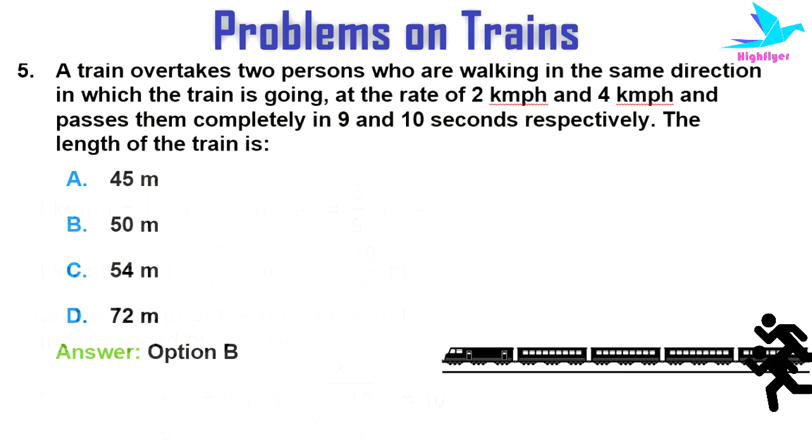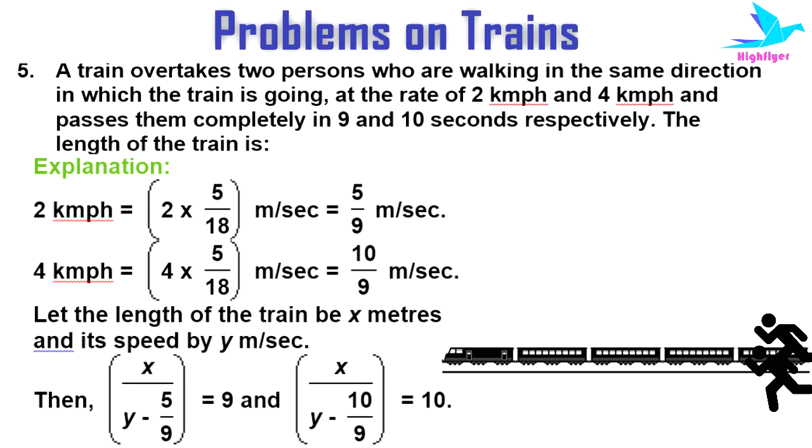Let's see how. First, let's convert each person's speed, which is given in kilometers per hour, into meters per second. That gives 2 kilometers per hour equals 5/9 meters per second and 4 kilometers per hour equals 10/9 meters per second. Now let the length of the train be x meters and its speed be y meters per second.